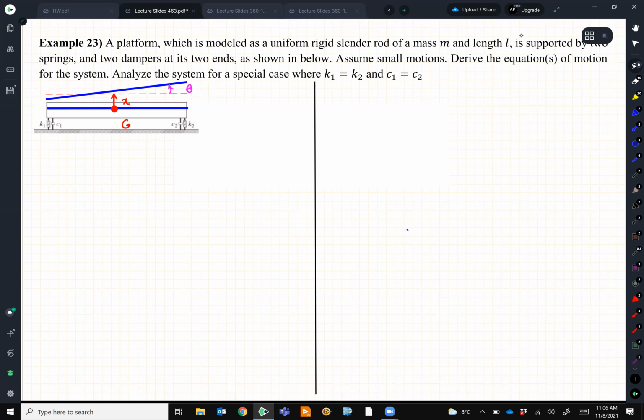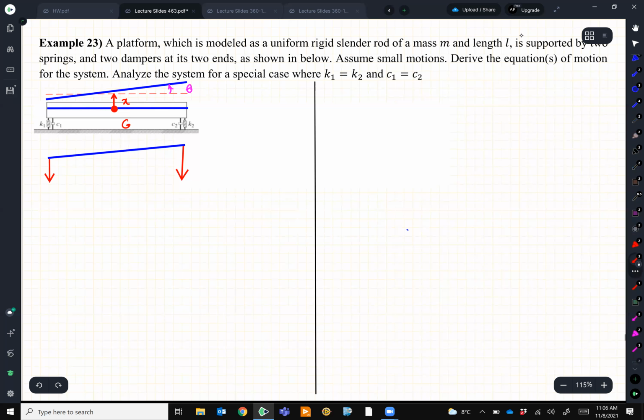The first step, we know we need to draw the free body diagrams. And since it is vibration, I can assume the changes are not that much, so cosine theta is almost equal to 1. But to get a better sense, let's show it at that angle so we know what we are discussing. All right, so this bar moves up. The forces acting on the two sides are the stiffness forces and the damping forces.